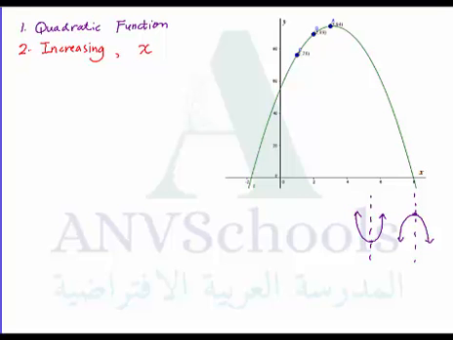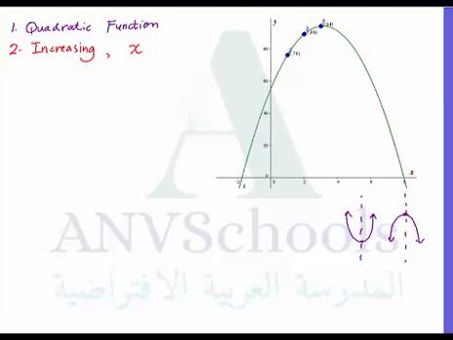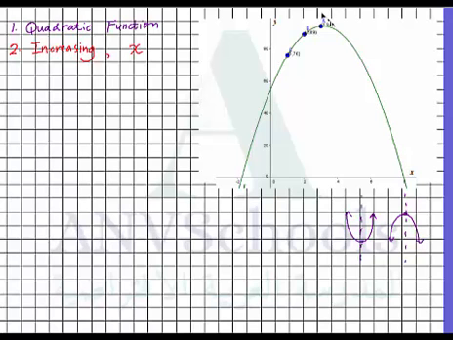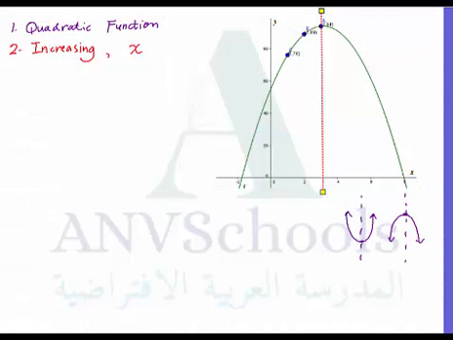Now this is the axis of symmetry. We have to label it. Let's make it more accurate by labeling our axis of symmetry. This axis of symmetry is important in determining the domain for which the graph is increasing or decreasing.